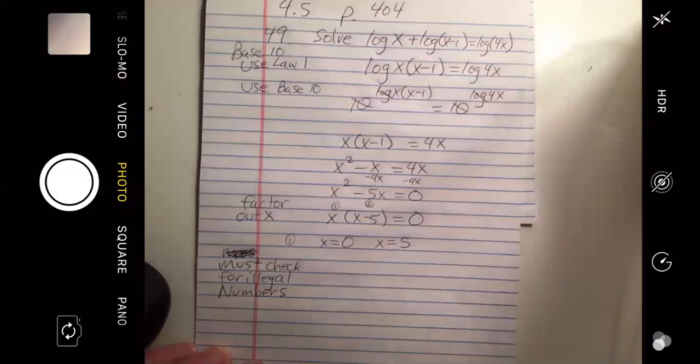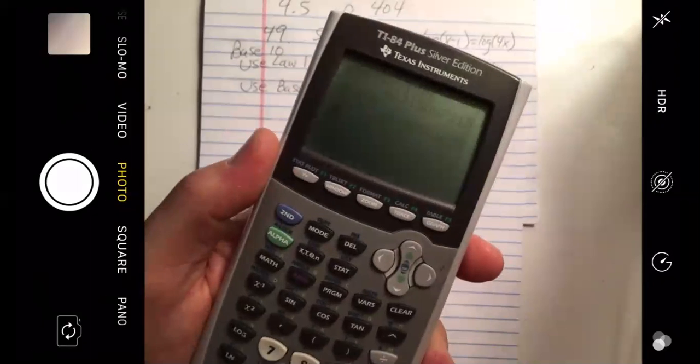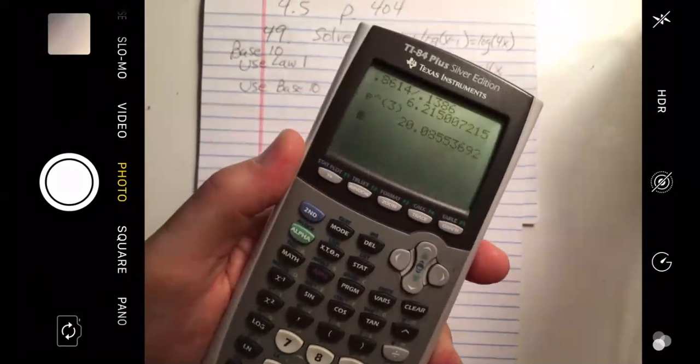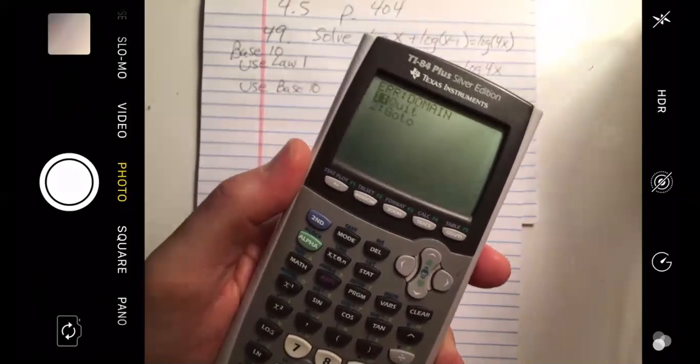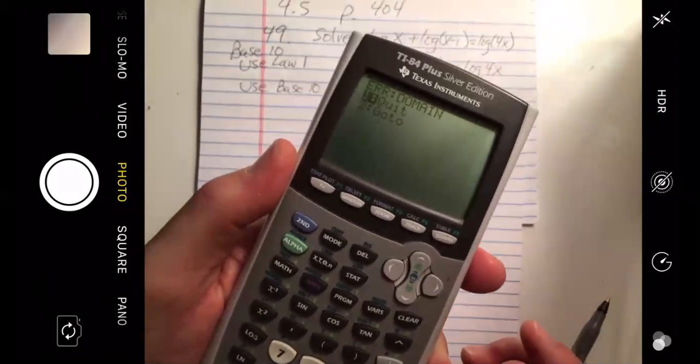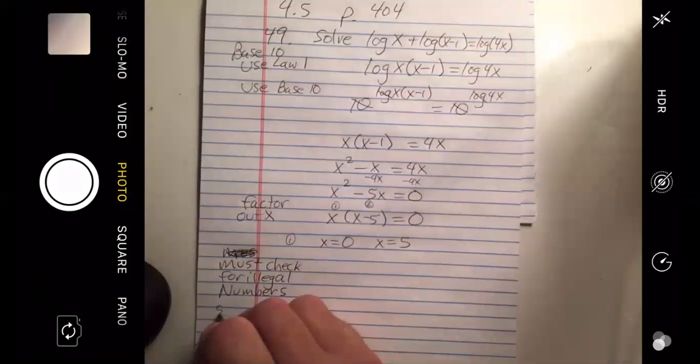And it turns out, I'll show you what happens. Maybe I should just punch it and justify it that way. If I try the 0, log 0, error. Okay, let's compare it to a square root.